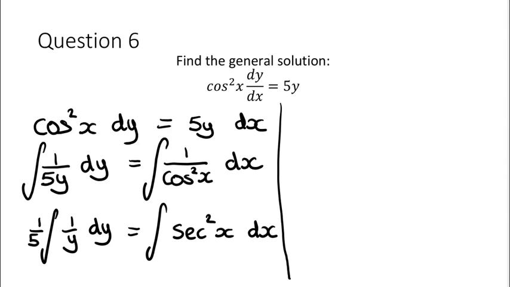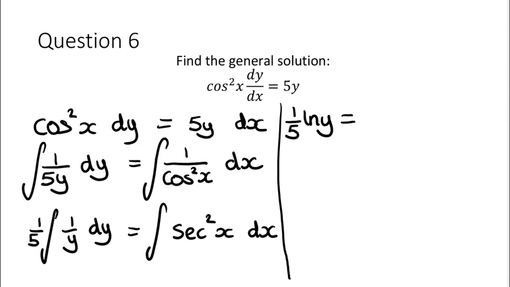Right then, so now let's actually integrate both sides here. Wherever you see that integral symbol, that is the instruction that you will need to integrate. So we're going to integrate the left-hand side. And when you integrate 1 over y, you just get natural log of y. And we mentioned earlier that the integral of sec squared is one that's in your formula book.